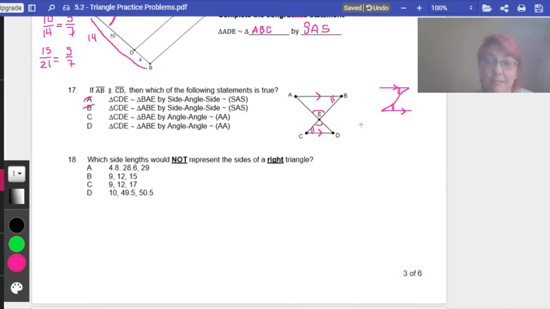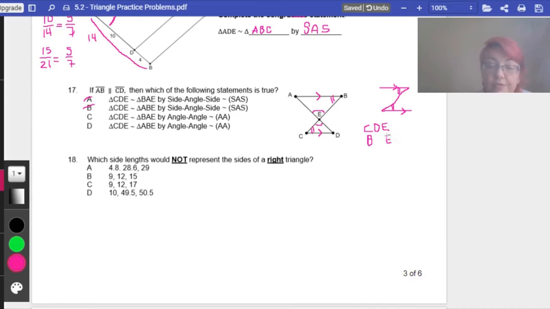So now we need to see what matches up. Well, they start with CDE. So I'm going to write CDE. If I look at C, I've marked it congruent to B. I've also marked E congruent to itself.